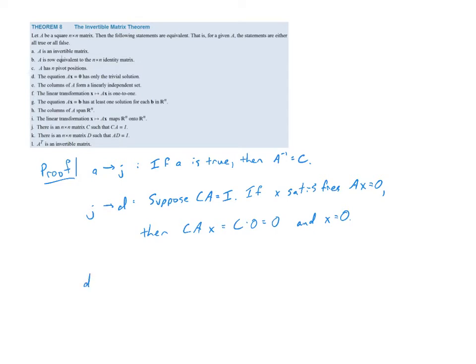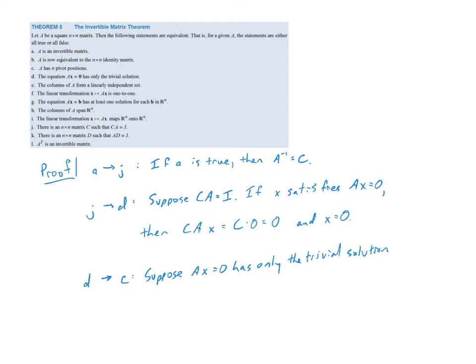Let's go to D implies C. All right, so now for this step, we're going to say, suppose Ax equals 0 has only the trivial solution. That's what letter D says, and we need to show why A has n pivot positions.